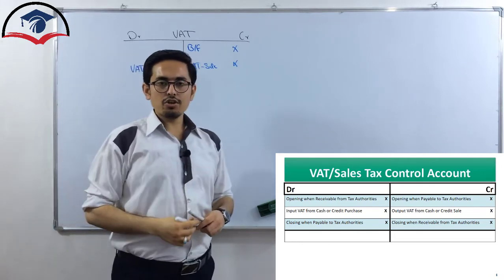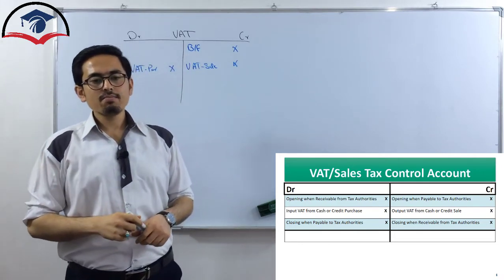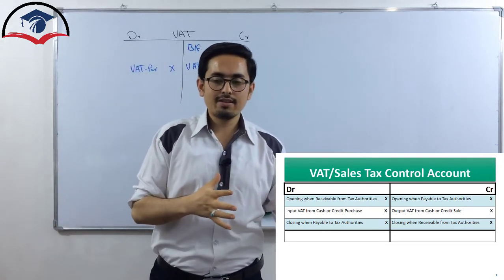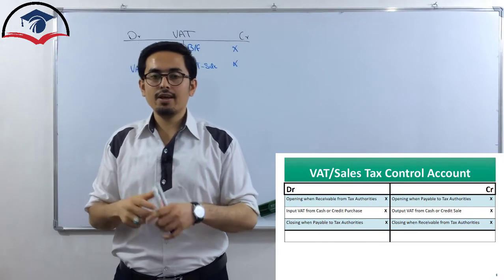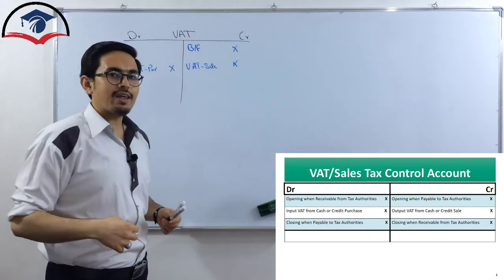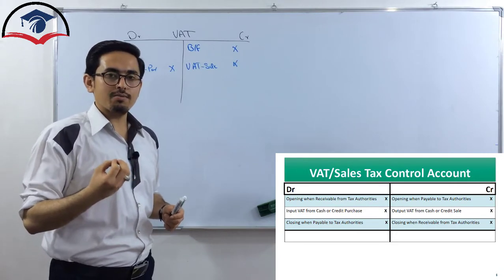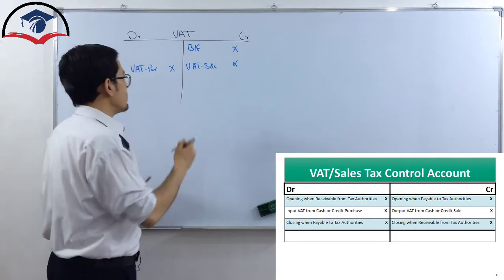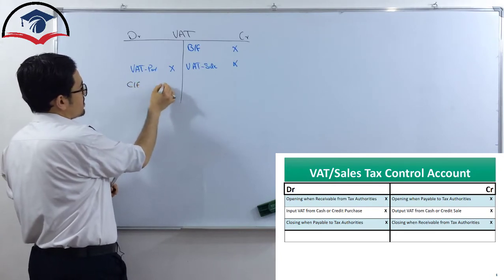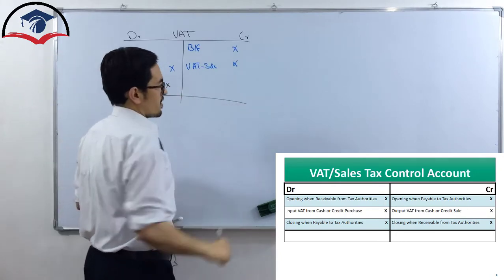And in a condition that the company has additional liability, extra liability, then what is receivable on the tax authorities, the closing balance will be on the debit side because you have more liability. The closing balance will be on this side as the name of carry forward, and this will close the account.